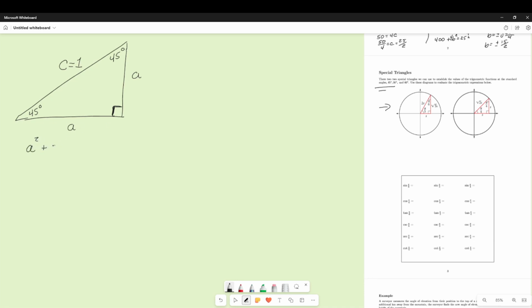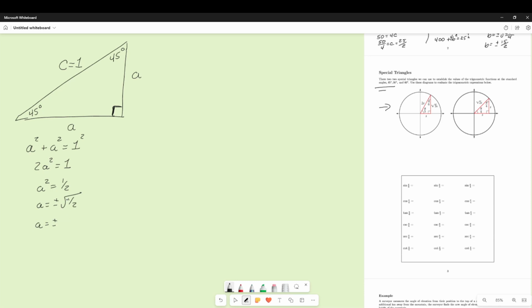We know that A squared plus the other A squared has to be the hypotenuse squared, 1 squared. So this is something that we can solve because we don't have an A and a B. We don't have two variables. So A squared is 1/2. So A is plus or minus the square root of 1/2, which of course we're not going to leave like that.